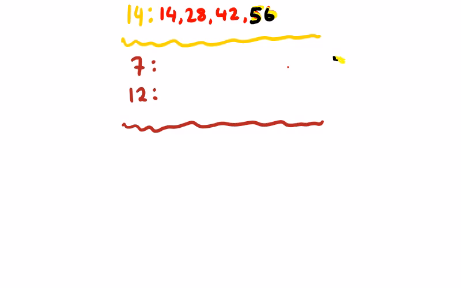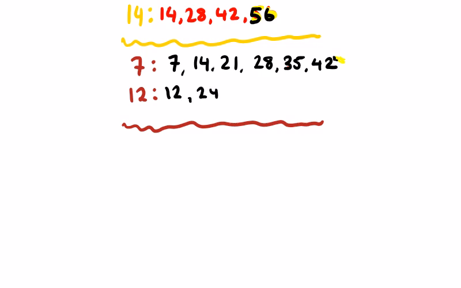Okay, what about 7 and 12? 7, 14, 21, 28, 35, 42. Is that enough? 12, 24, 36, 48, 60. Don't think that's enough. 72. And I think 84.